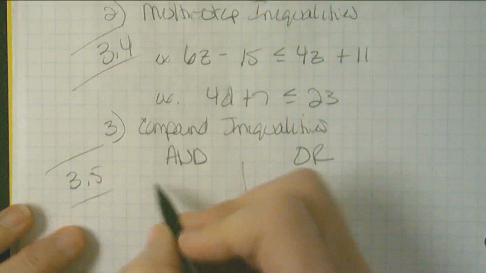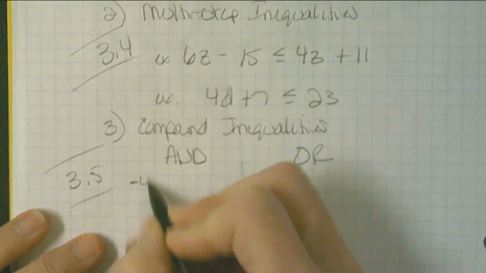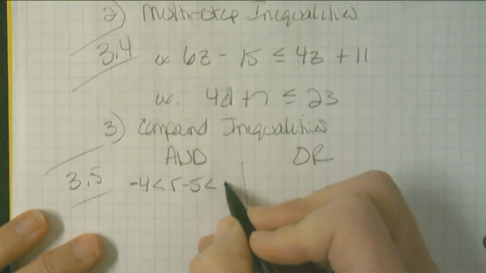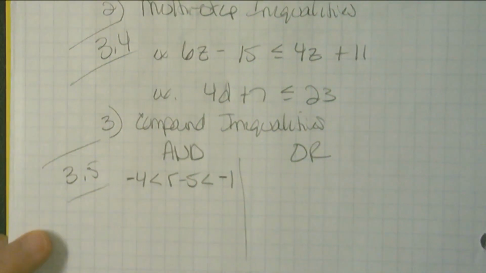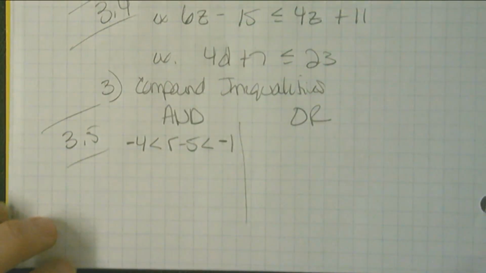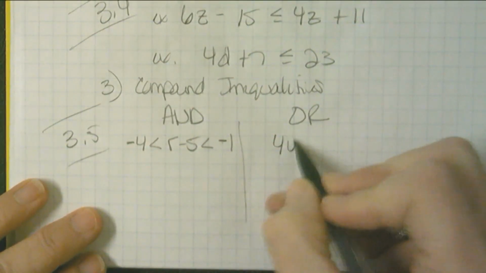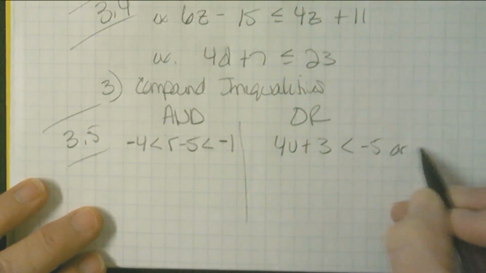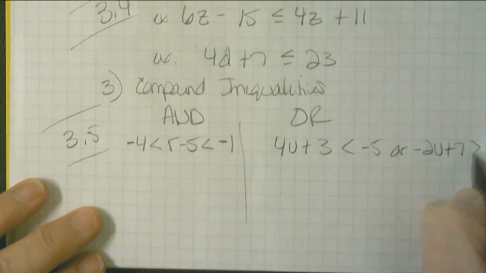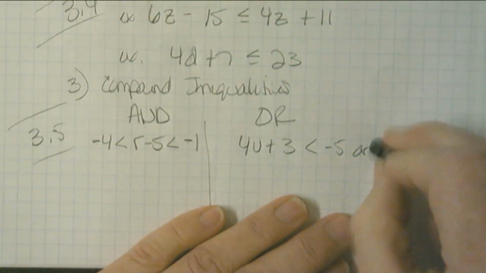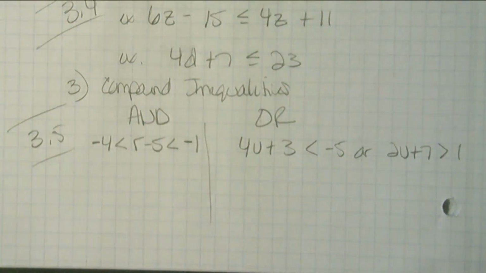An and looks something like negative 4 is less than r minus 5, which is less than negative 1. That's an example of an and. An or is going to look something like 4v plus 3 is less than negative 5. Or negative 2v plus 7 is greater than 1.